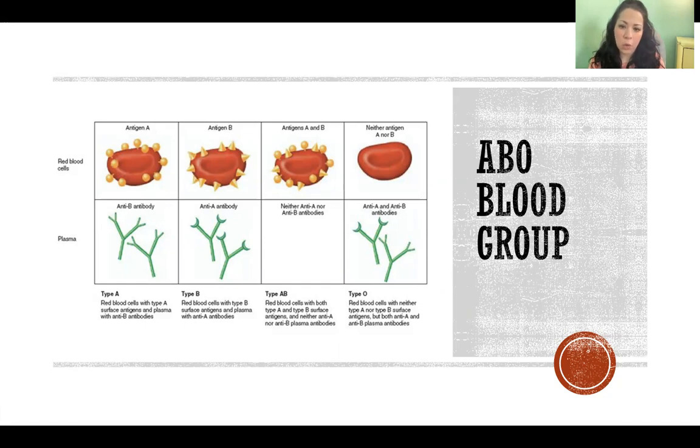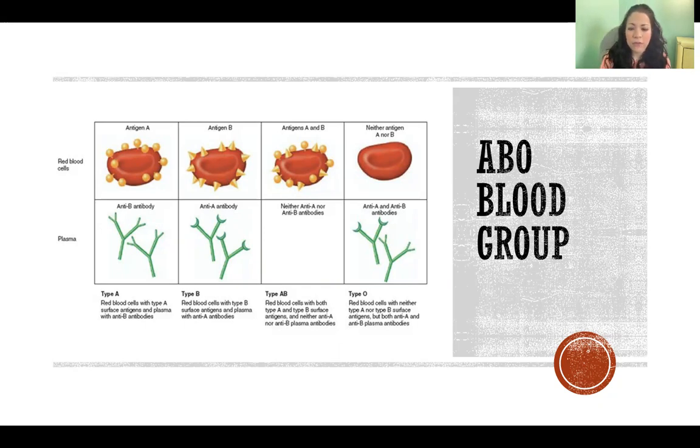Now, depending on which type of blood we have, the body will produce the opposite kind of antibodies. So antibodies meaning little proteins that attach themselves to that type of antigen, and it's a signal for the immune system to destroy that thing.